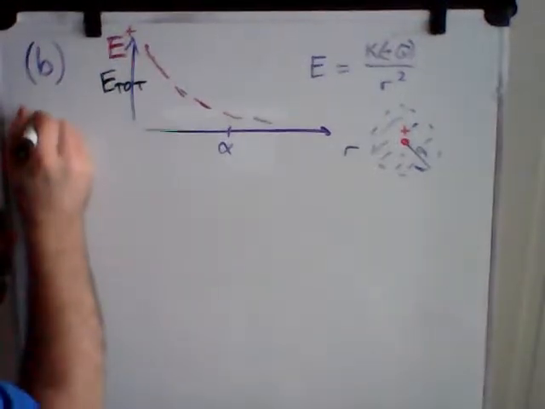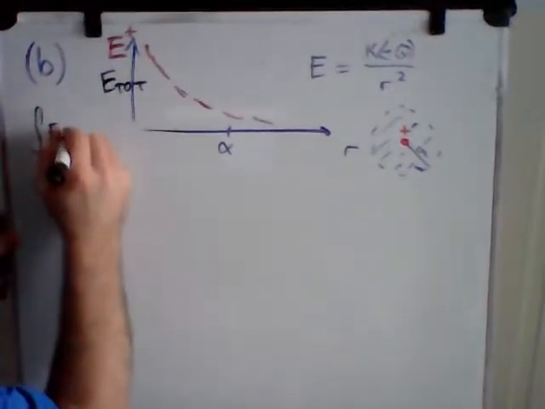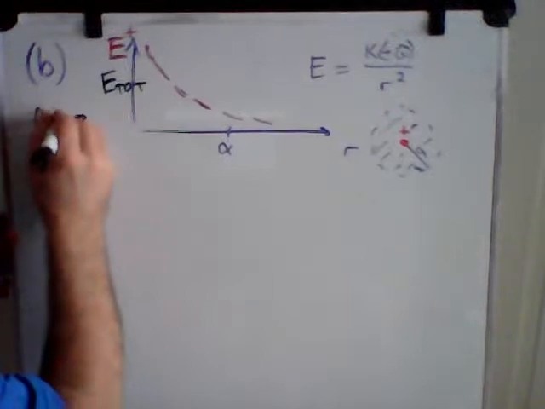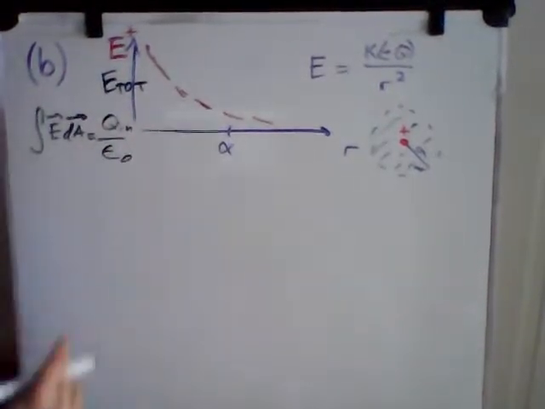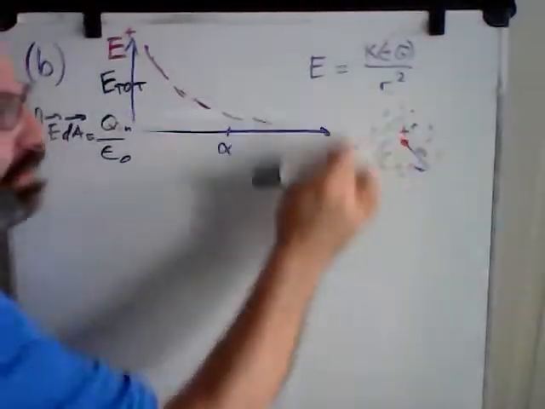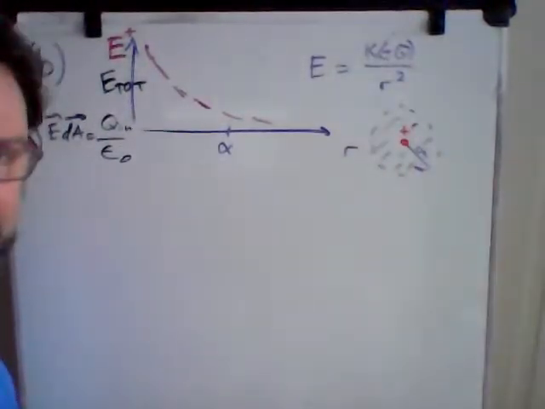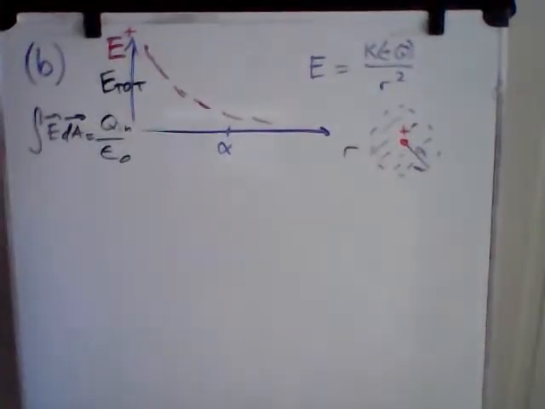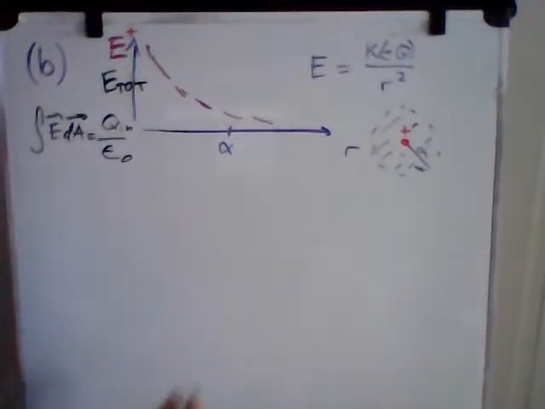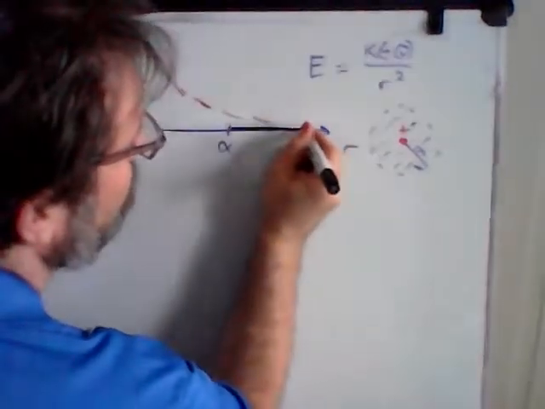Gauss's law says the integral of E dA equals Q inside divided by epsilon naught. So at radius alpha or any larger radius, we have zero net charge inside, and therefore the field is zero.